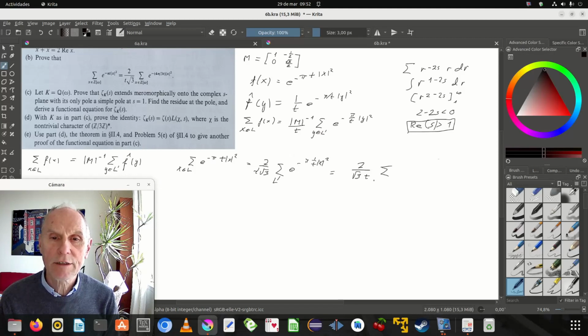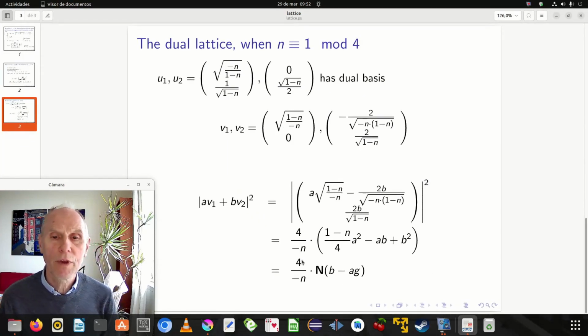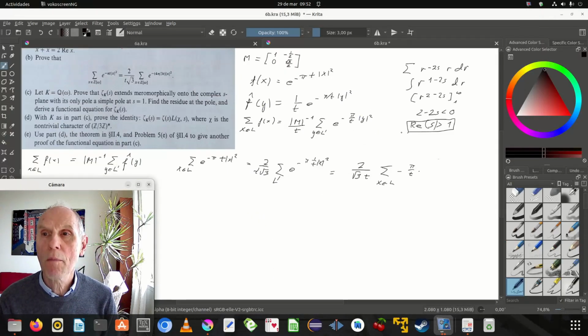But it's the same if we sum over the lattice. And then this scalar product was, I have to look it up, 4 divided by 3.